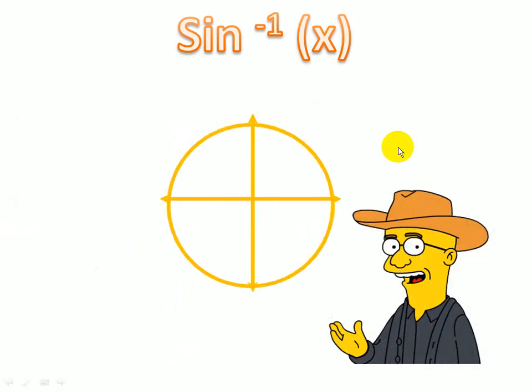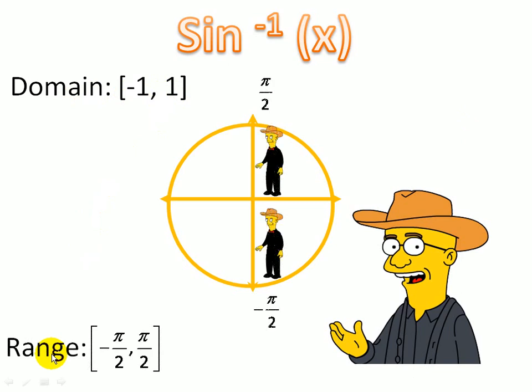Now, just some summary information. As was illustrated with the graph, the domain is negative 1 to 1, and the range will be negative pi over 2 to pi over 2.